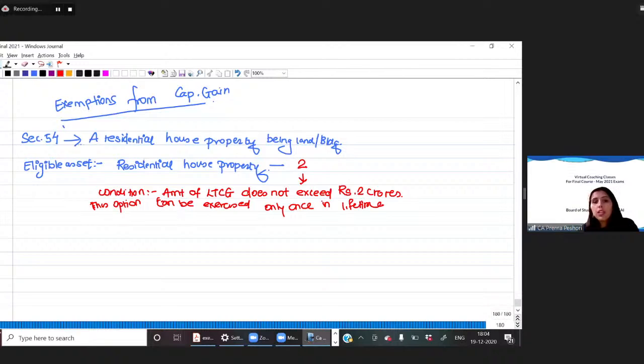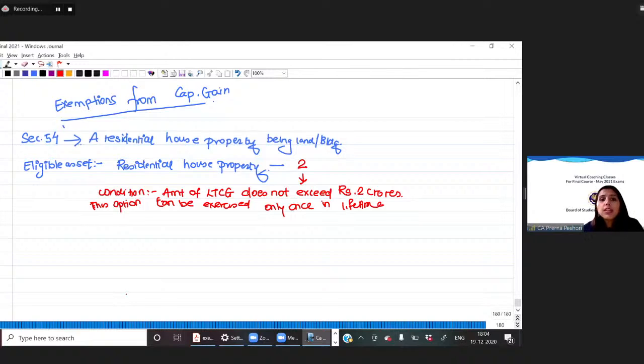What does this mean? So if you have a house property which you are selling and the capital gain is long-term capital gain, then what do you need to do? You need to purchase another house property against that.